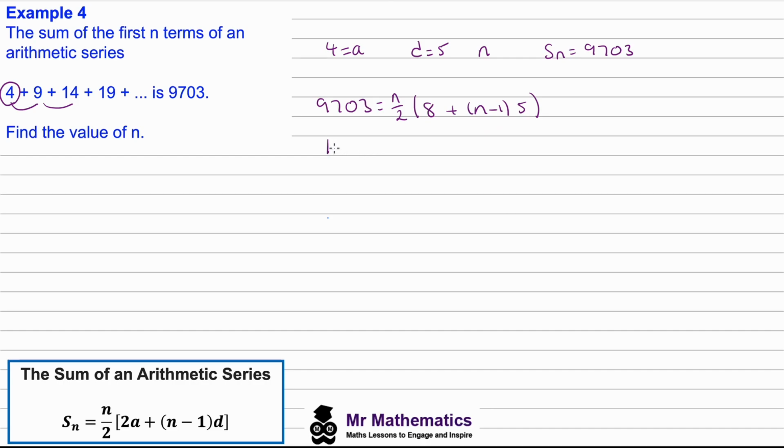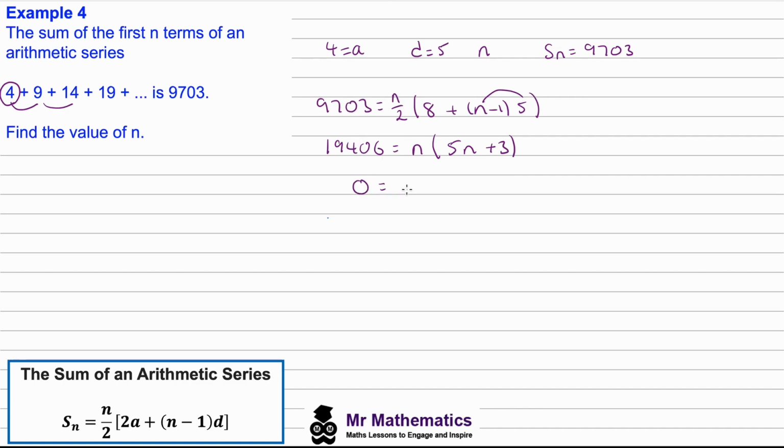So we get 19,406 is equal to n. So then we get 5n, and then the 8 minus 5 becomes positive 3. We'll expand out these brackets on the right-hand side, and then we'll move this to the right-hand side as well.